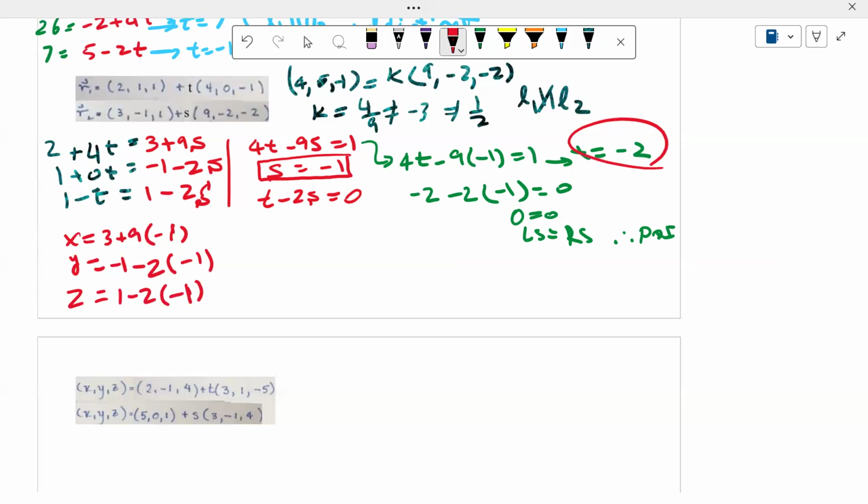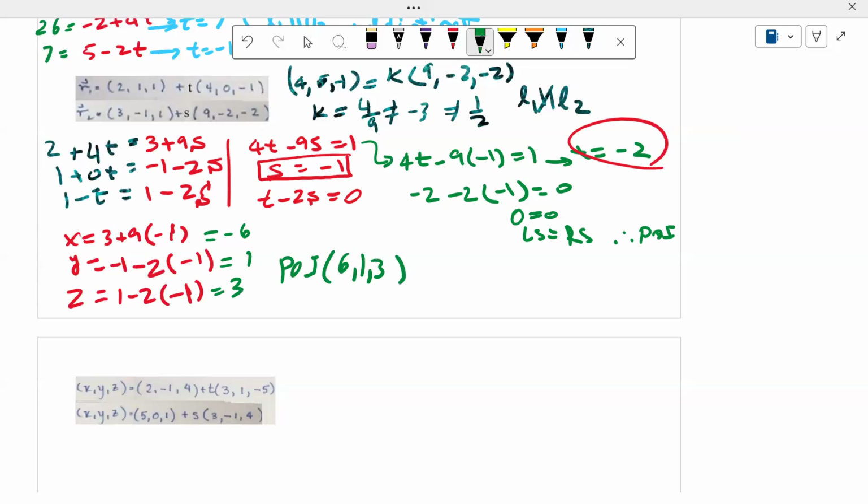Let's see. So this is 3, that's minus 6. This one is minus 1 plus 2, that's 1. And this one is 1 and 2 is 3. So the point of intersection is (-6, 1, 3).